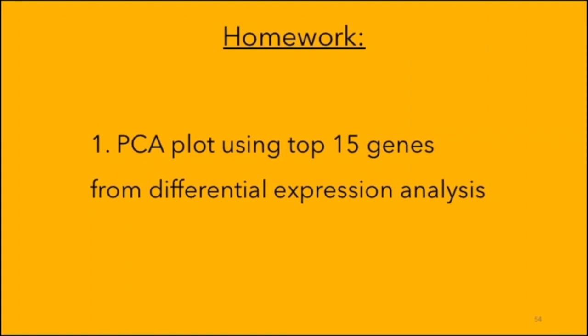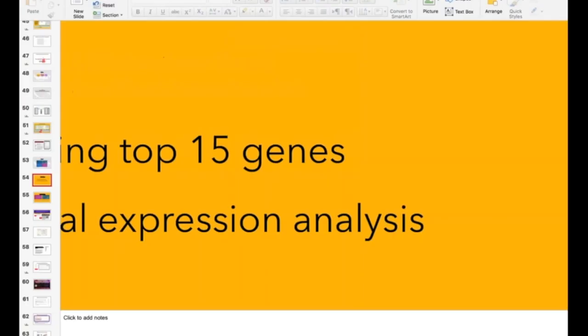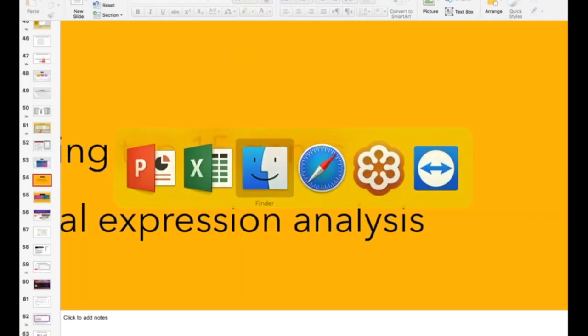Homework. Whenever you have time, nobody's going to grade you on this, but to try it out, you can try the PCA plot with the 15 genes. We showed you the picture. If you want to try this at home, you've got all the data. Run PCA, see what you get, and also use genes from the differential expression analysis. That's about your question. We performed differential expression analysis for the normal-like group and the Claudin low group, such small groups.